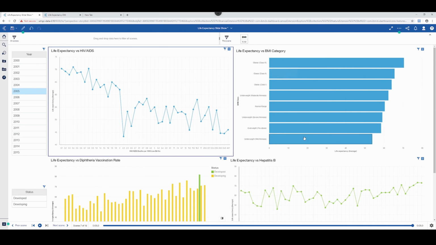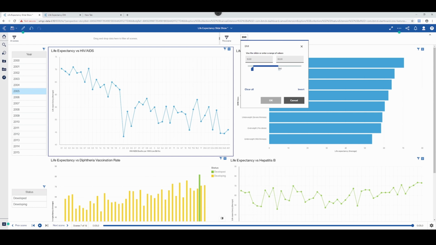And still, it looks like the more body mass index, or the more overweight people are, the higher the life expectancy. Let's see if we can change this a little more. About 40.